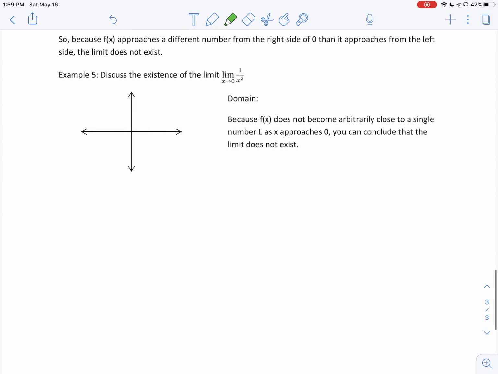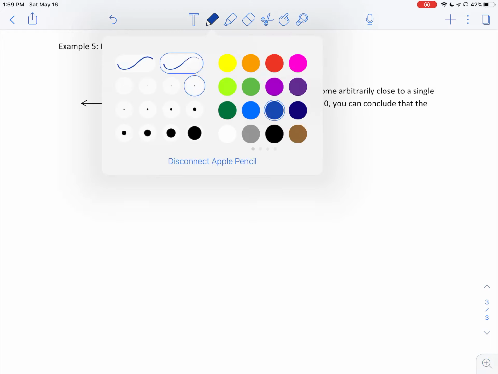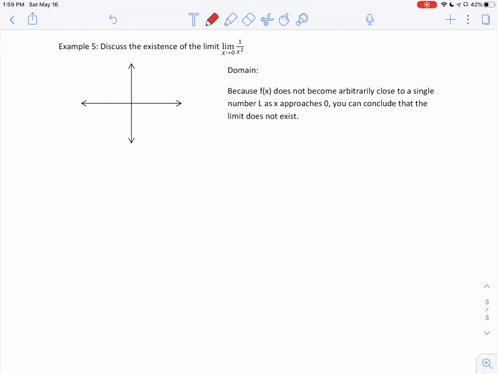All right, now one more way that we can get a limit that doesn't exist is something like this rational function. So we're looking here at the limit as x approaches 0 of 1 over x squared. So you may remember this function from 171.